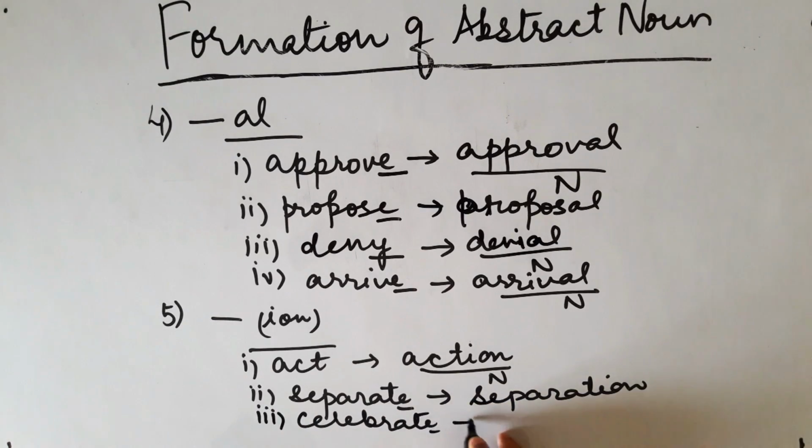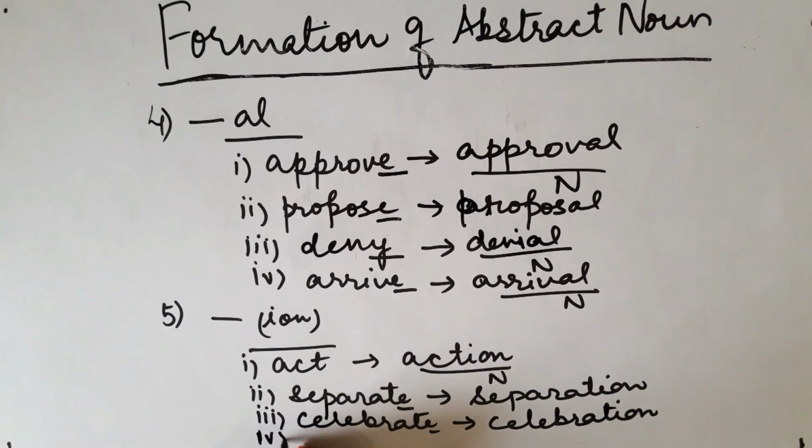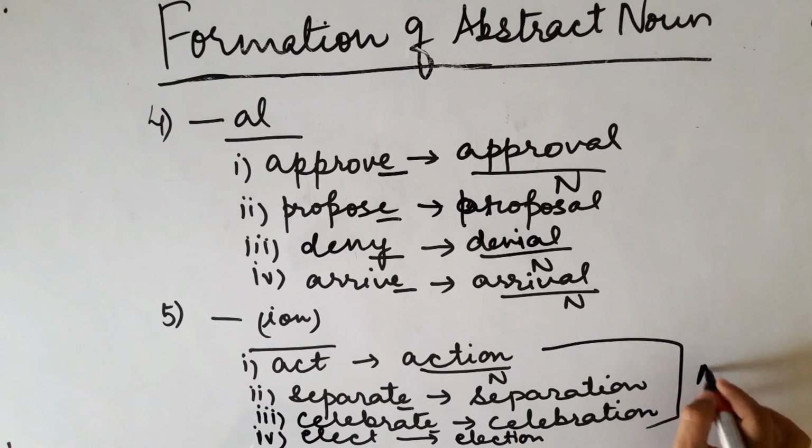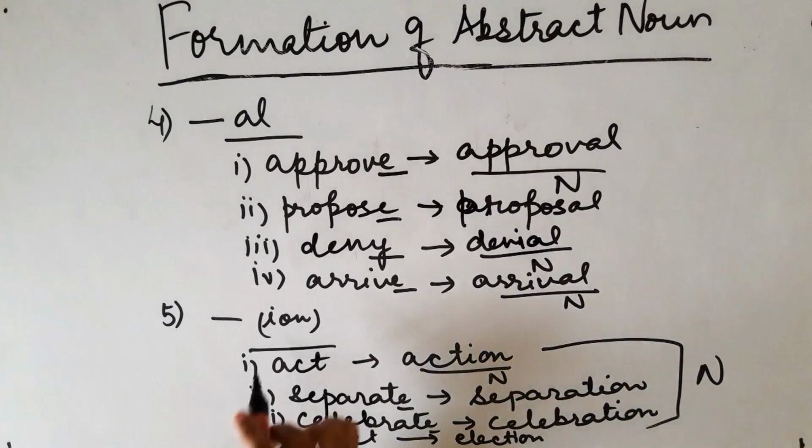Again e is replaced, we make it celebration. We have words like elect. Here no replacement, only addition of ion. So election. All these words are actually nouns. So in this way we are changing verbs into noun by simply adding ion, and in some of the cases we are replacing one letter.